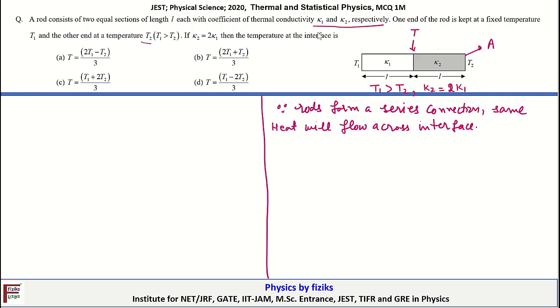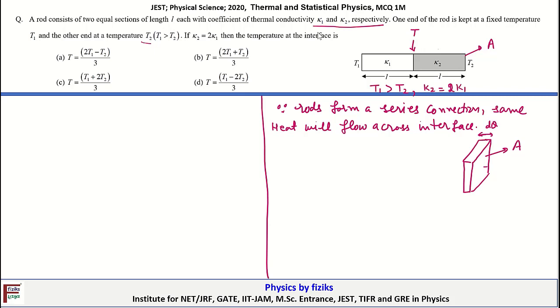So let's assume a slab. Suppose this is a slab, and a certain temperature difference is maintained across its faces, and let A be the cross-section area of this slab. The temperature difference between the face on the left hand side and the face on the right hand side is d theta.